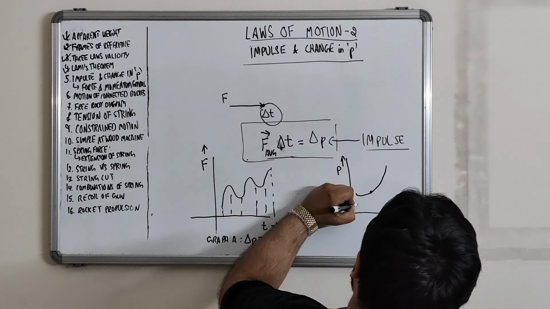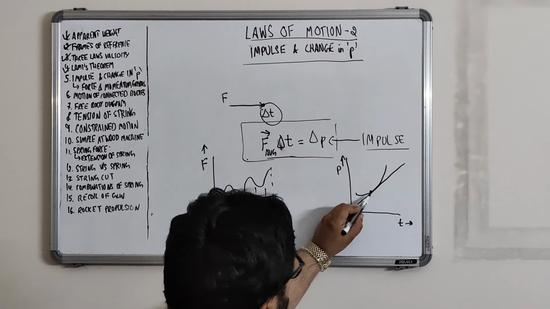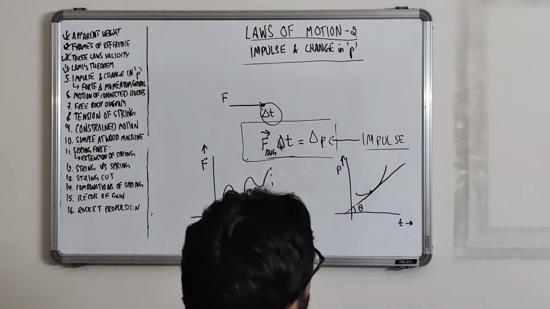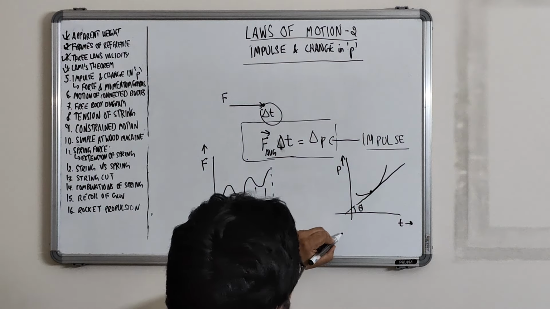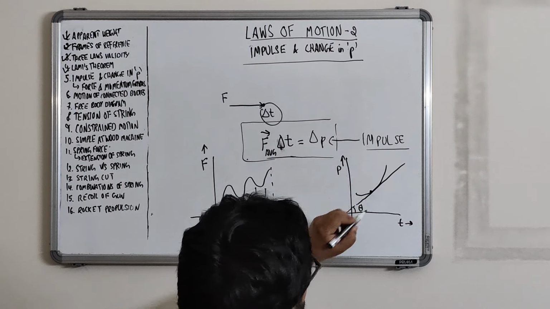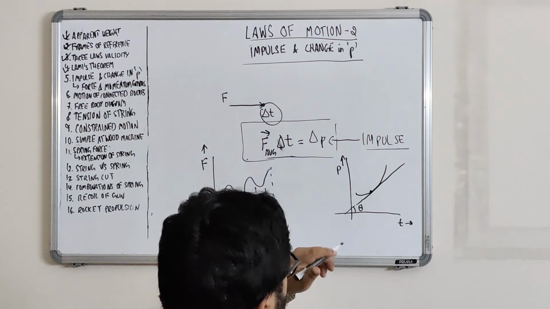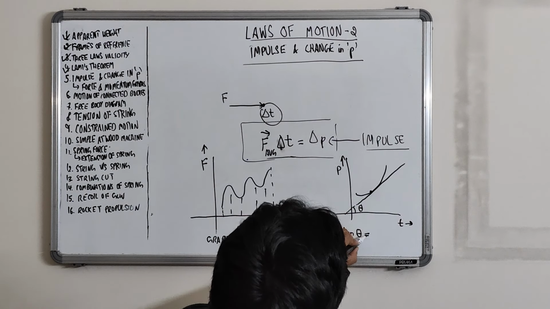So at this point there is this slope. At this point there is this angle theta. This will help us calculate the slope in this graph. So tan theta will be the slope.